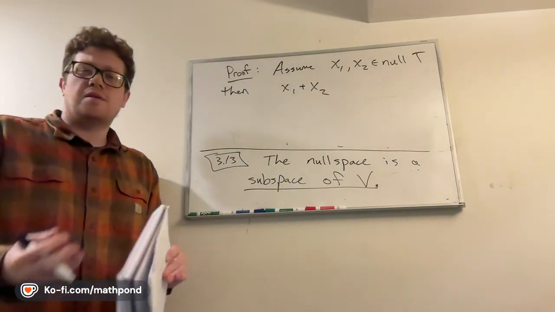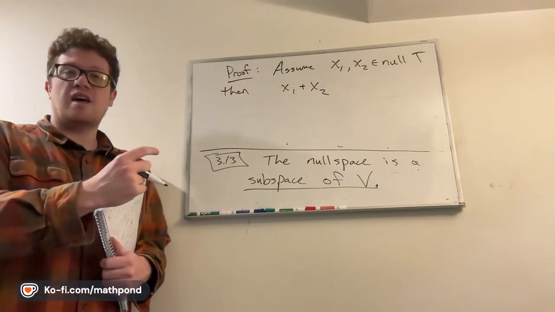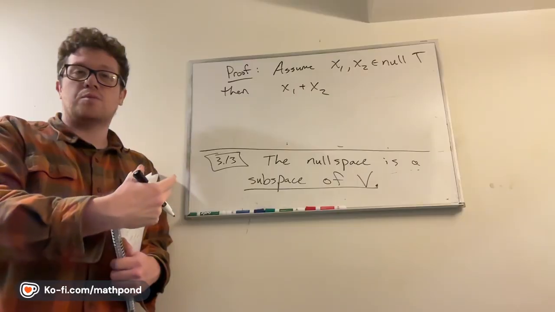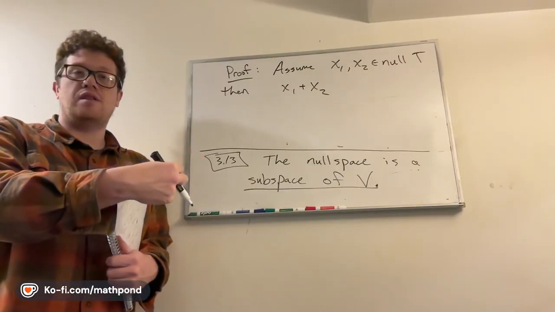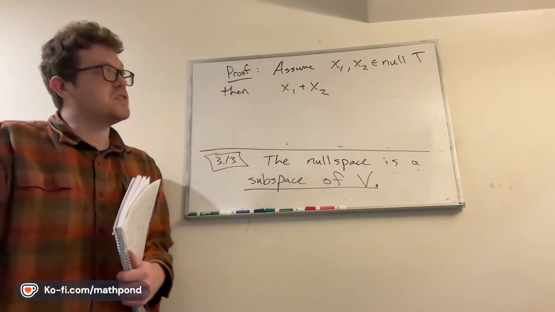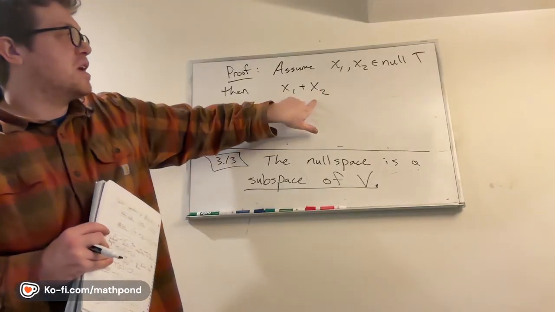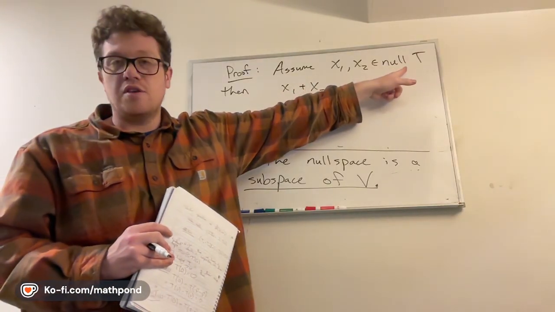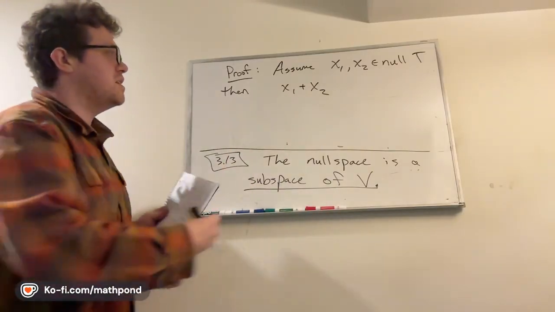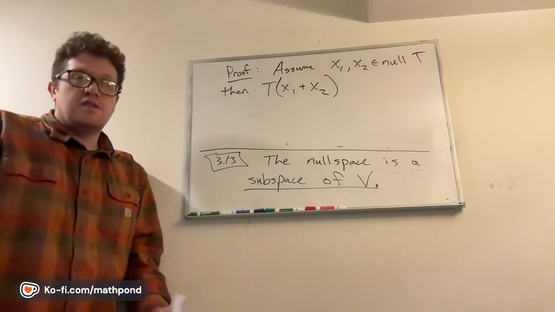Because how do we show that something's a subspace? We just have to show that if I take two vectors from the set and add them together, they stay within the set. And if I take a scalar multiple from the field and multiply a vector in the set, it should stay within the set. So I pick two vectors, add them together, and want to show that it's in the null space. How do we do that? We show that it goes to 0 under T. So we apply T here, and we have to show that this is 0.